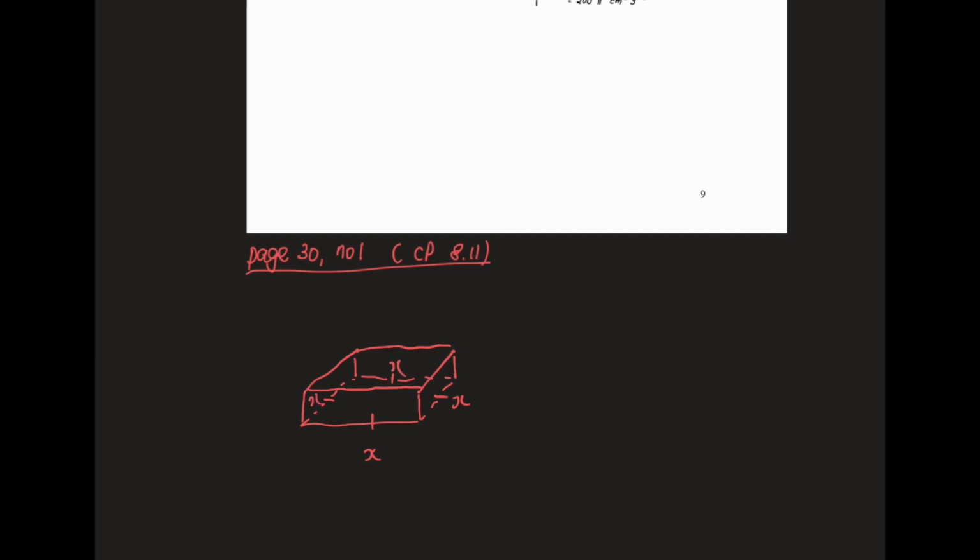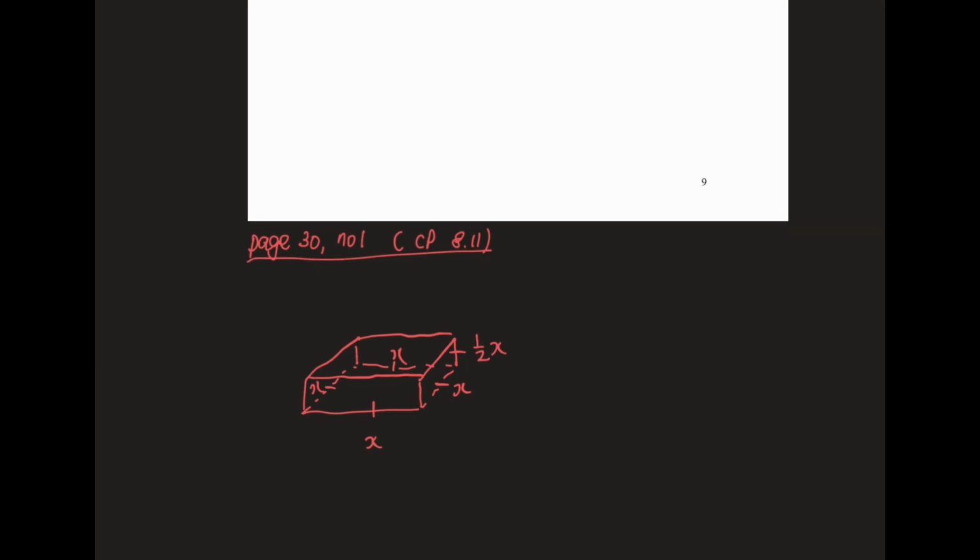Now we continue the question. Besides the square base, they also give us the height. The height of the cuboid is half times the length of the side of its base, so we should expect the height to be half x. If x increases at the rate of 0.02 cm per second, so they give us dx dt, 0.02.